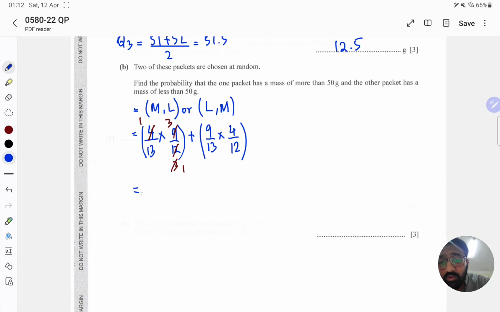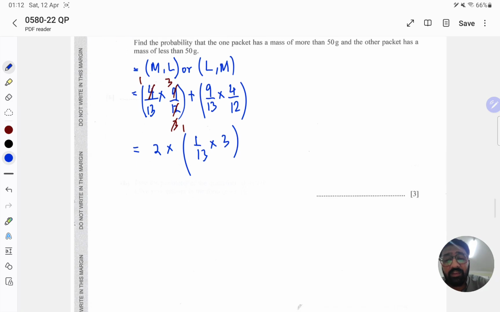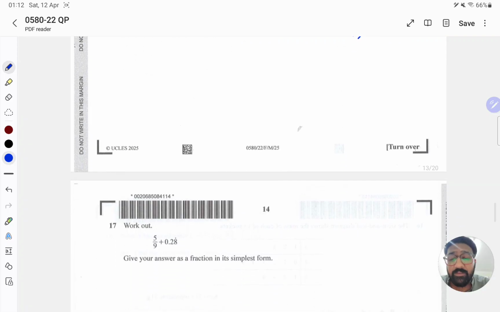So basically you have 2 multiplied by 1 by 13 multiplied by 3. If you do the simplification, it will be 2 times 3, which is 6, divided by 13. That is the probability that one packet has a mass of more than 50 grams and the other packet less than 50 grams.